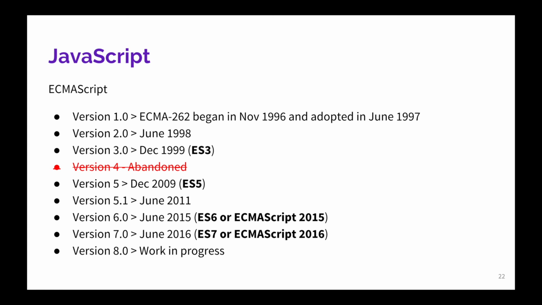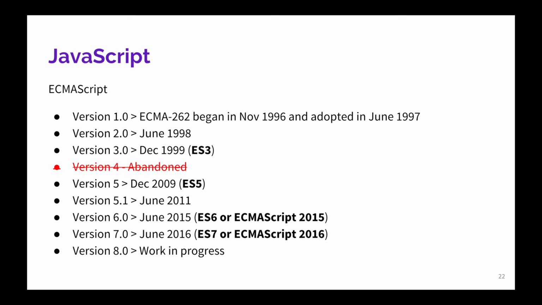And as developers, we did not see any other versions in between. Like now, between 1999 and 2009, we didn't see anything else. And version 4 was abandoned. I don't know the reason. And then ECMAScript 5 had a lot of improvements in the language, especially 5.1.